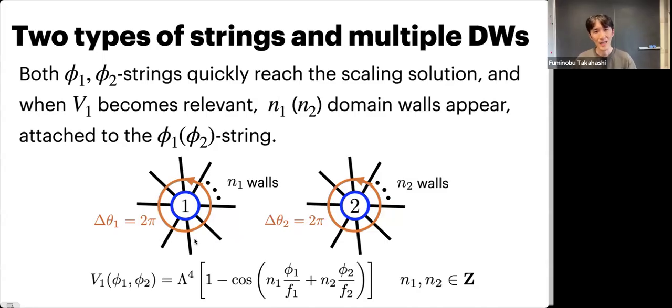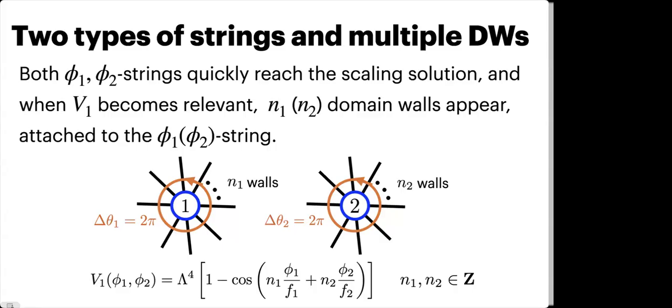It means that n1 domain walls appear, all attached to the phi1 string, like this. Similarly, if you go around the phi2 string, you see that n2 domain walls are attached to the phi2 string. These two are the building blocks of the topological defects of this two-axion system.